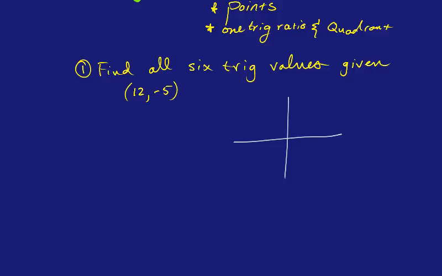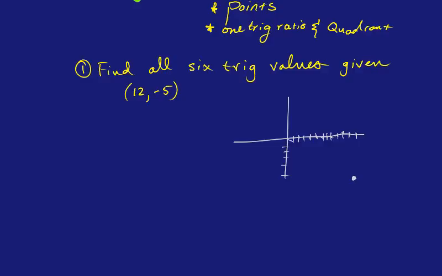So for 12, you'd go 1, 2, 3, 4, 5, 6, 7, 8, all the way over, and let's just assume that's 12, and down, alright, I'll count it: 1, 2, 3, 4, 5, 6, 7, 8, 9, 10, 11, 12. 12, -5. There's your point.